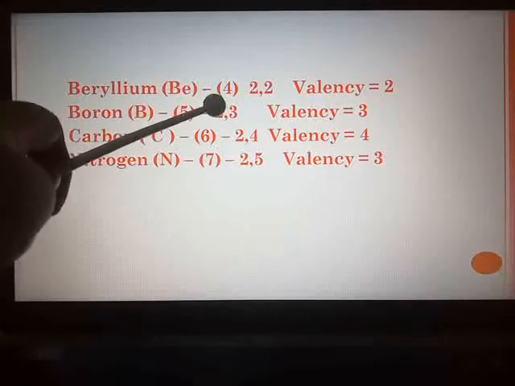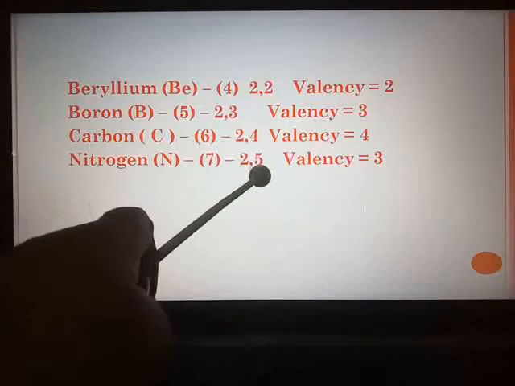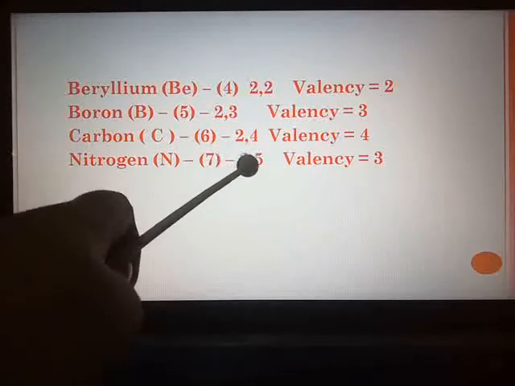Similarly, boron will give away 3, carbon will give away 4. Will nitrogen decide to keep on giving 5 electrons or accept 3 and become stable? Surely nitrogen, instead of donating 5, will take up 3. So 5 plus 3 is 8. It will get stable with 2, 8.